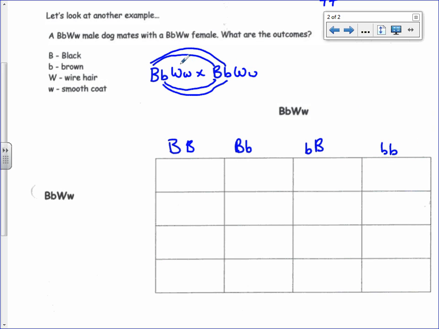For the texture of the hair, we could have this assortment or this assortment. So we have homozygous dominant or heterozygous, and we could have this assortment or this assortment. So we could have heterozygous or homozygous recessive. Okay, let's combine all of these alleles.